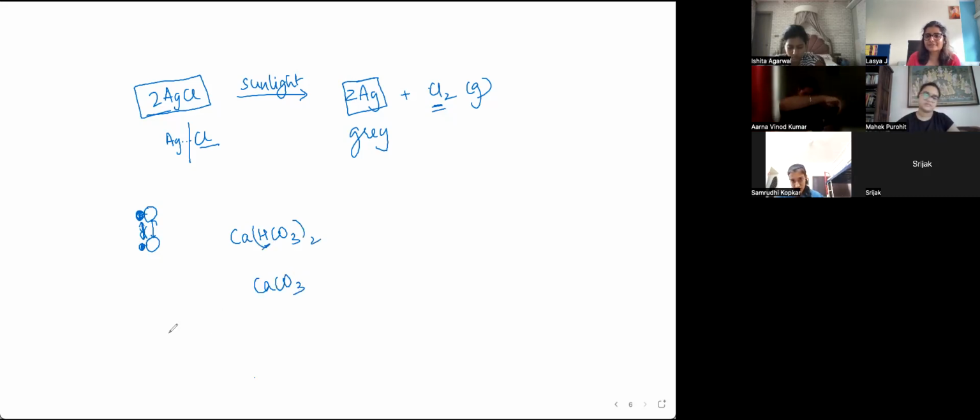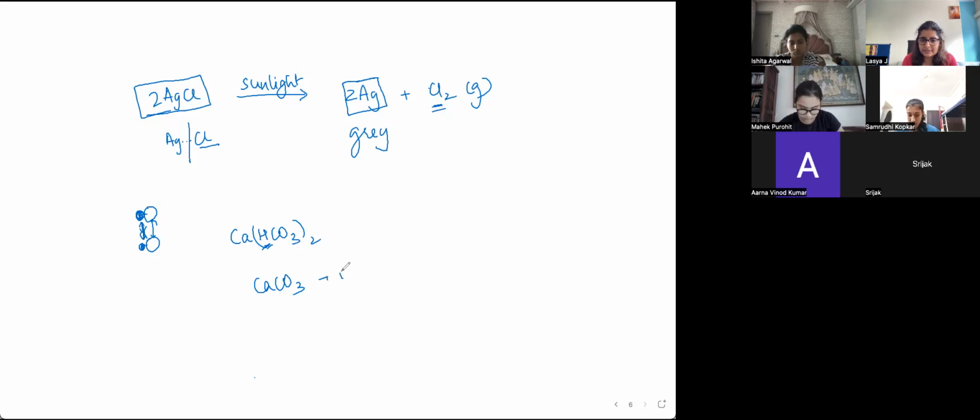There's a hydrogen here. If you remember the lime water milky one, this is the insoluble one that makes it milky. And on passing excess CO2, this becomes soluble and makes it transparent. Not relevant to this question, but I'm just reminding you what these are.